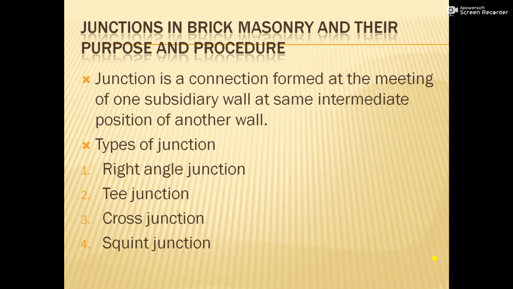Next, the swayed junction is formed when one main wall meets another subsidiary wall at an angle other than 90 degrees. Generally this angle is kept at 45 degrees for better use of that corner. So these are the four types of junctions used in brick masonry.